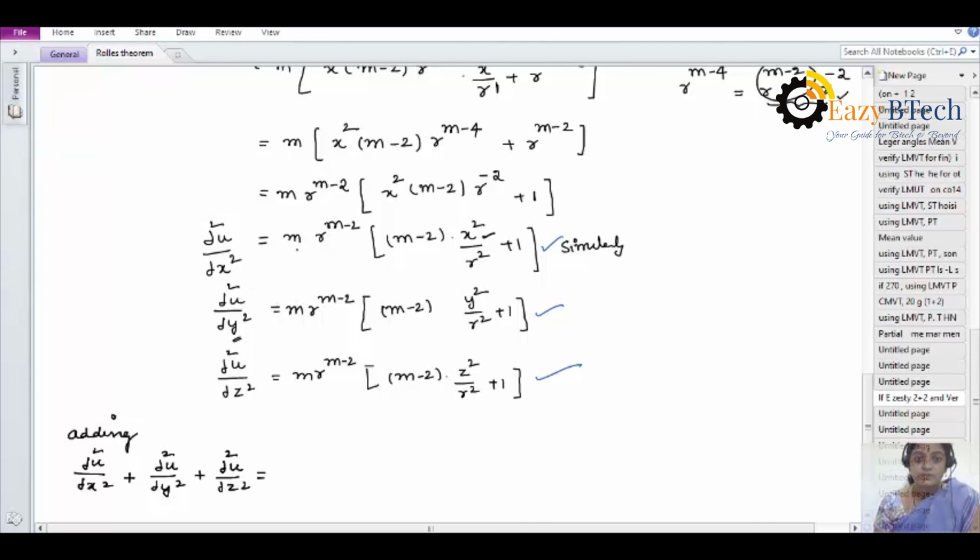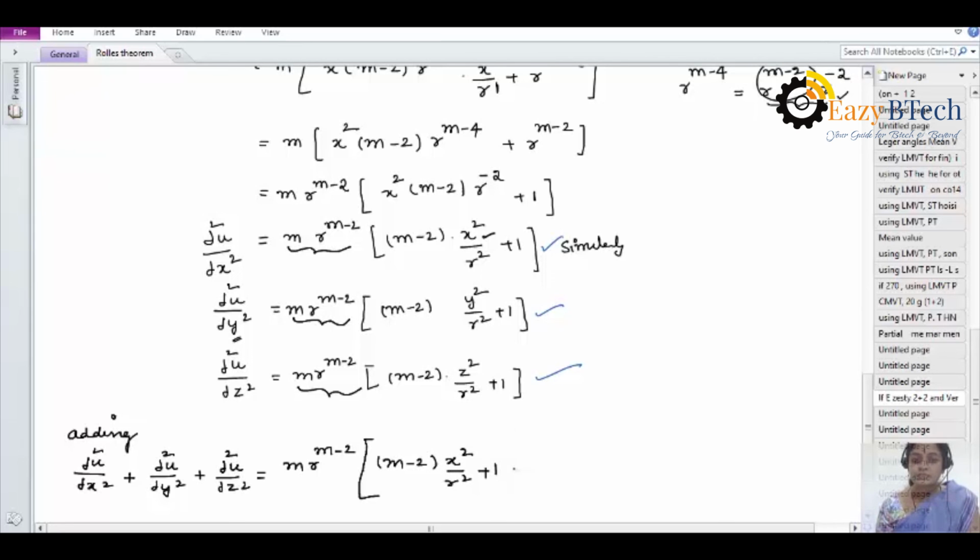So when you are adding these three terms, m into r power m minus 2 is common for all three terms. That's why I am taking m into r power m minus 2 as the common term. Remaining terms, m minus 2 into x square by r square plus 1, first term.